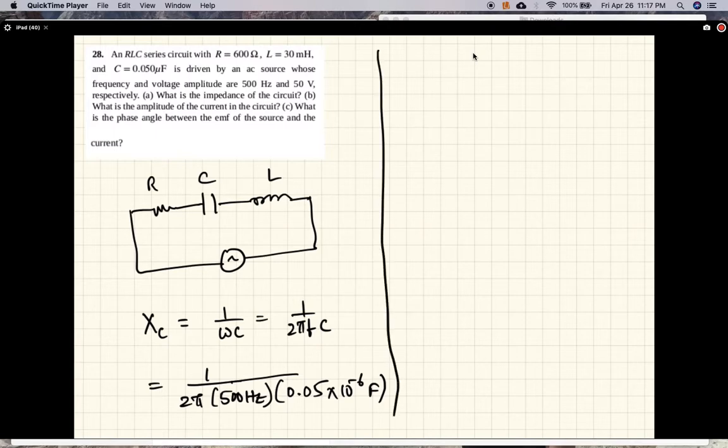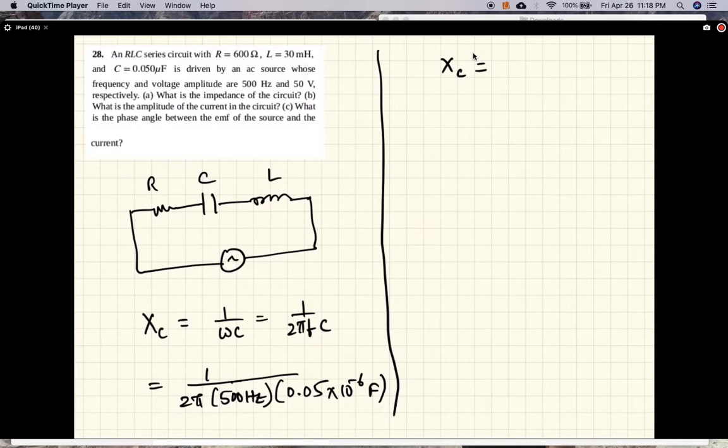So XC works out to, what we'll do is borrow this 100 there, so that's 2550 pi.